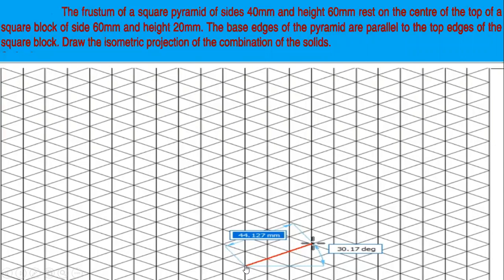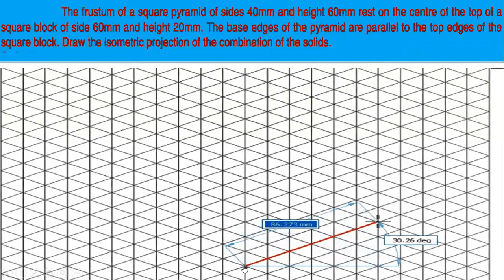From any one of the points, 60 mm means count towards your right side 6 boxes: 1, 2, 3, 4, 5, 6. Even on the other side, it is 6 blocks. Again, you have to construct a square of 60 by 60. So again, you have to move parallel to the 30-degree line and parallel to the 150-degree line.